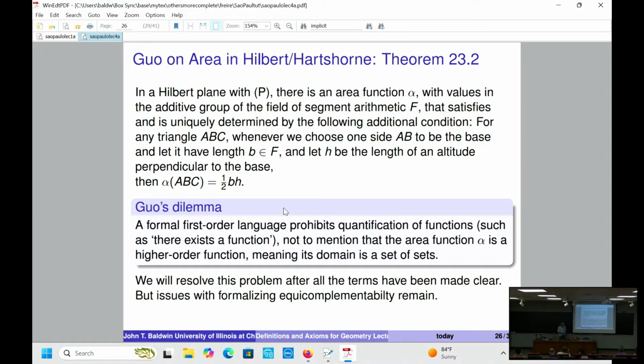And so this is another way of phrasing Gouā's problem. And I thought it was nice enough to call it his dilemma. In a Hilbert plane, there is an area function, but see, Hilbert is getting this area function working in framework 2. And it works fine, right?